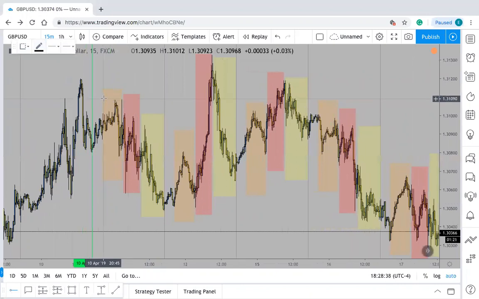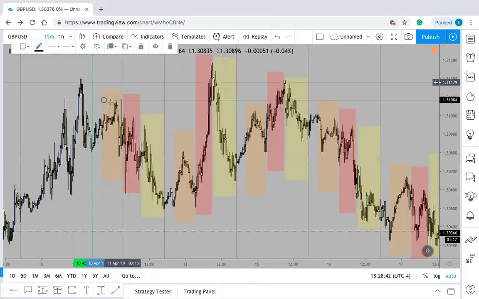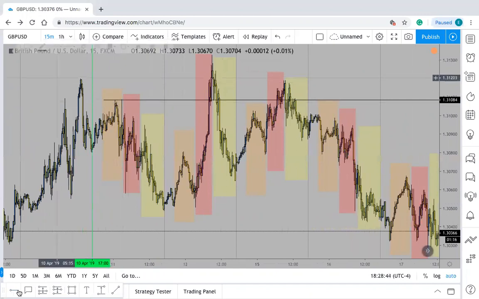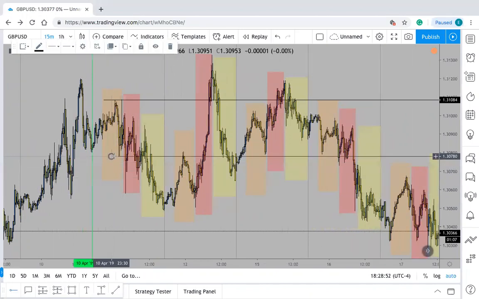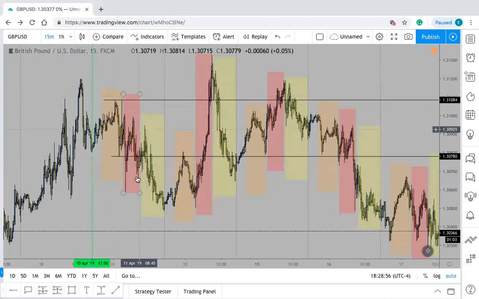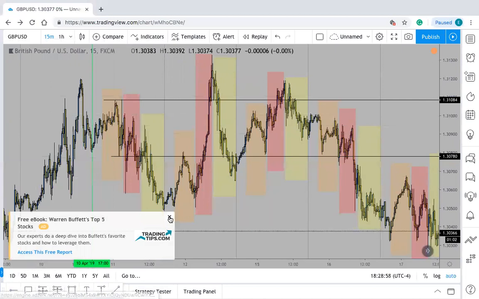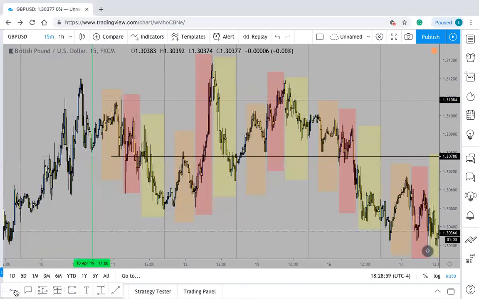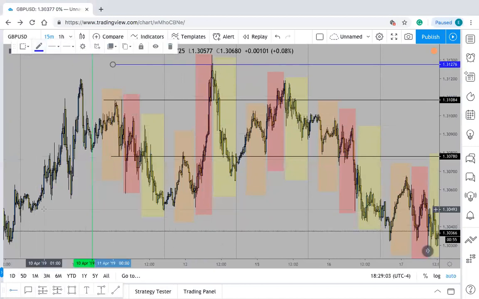So you look for the highest point of the Asian range and place your initial high right here. Now we're going to do the same thing for our initial low, which is the lowest point of the market maker range in Asia. I'm going to use the color black for initial high and initial low, and blue for the extensions, which are the high of the day and the low of the day.